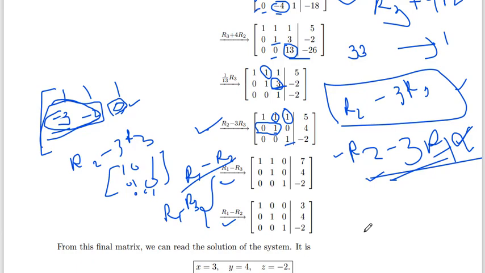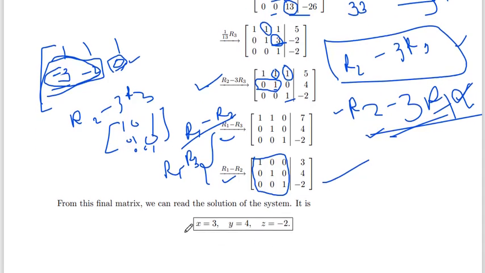So after numerous row operation steps, we want to transfer this matrix into the identity matrix. In the end we will get the identity matrix. From the final matrix we can read the solution of the system: x is equal to 3, y is equal to 4 and z is equal to -2.